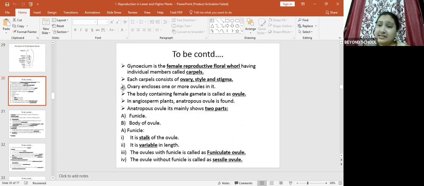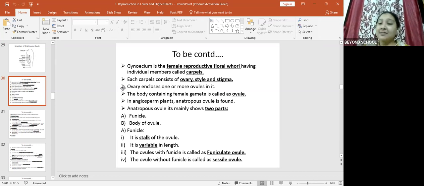Now, this ovule, this anatropous ovule, we are going to study, right? The first thing is that this is a female reproductive floral whorl, and therefore you know that we call it the gynoecium. Now, this gynoecium includes the carpel, and this carpel consists of an ovary, style, and stigma. The ovary consists of ovules, which are not in a single number, but many more are present in the ovary.